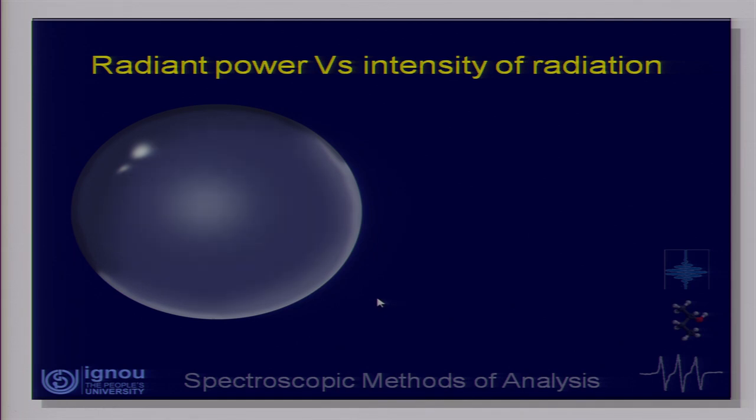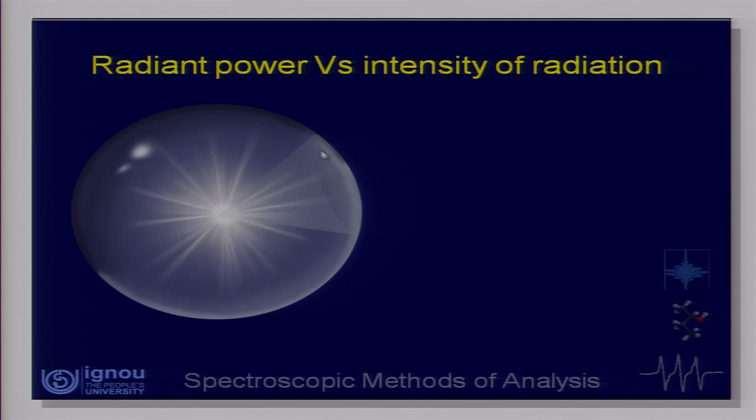If I have some source of radiation at the center of the sphere, it is emitting radiation across to the surface of the sphere. So, that is the radiant power per unit time, radiation coming to the surface of the sphere. But if I take a certain section of this, say this part of it, what is the intensity of radiation coming here?